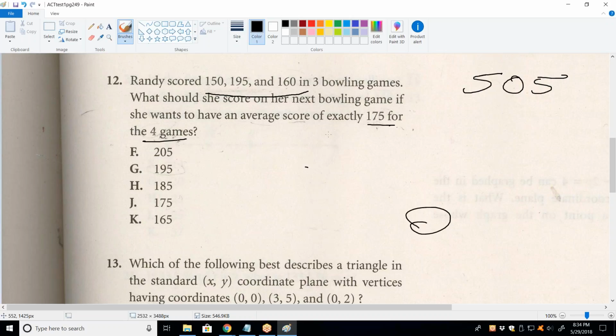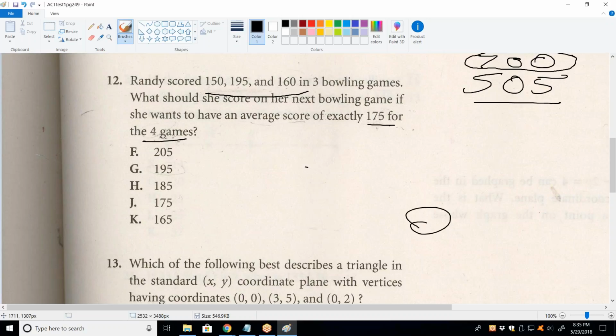No, no. Just figure out what the total needs to be for 4 games. You know the average, you know the number of games, so multiply 4 times 175, and that'll give you the total number of pins you need. That's 700, right? Yeah. Okay. This is how many pins we need in order to average 175 for 4 games. This is how many pins we've gotten through 3 games. What do I need to bowl on my last game? 195. Exactly.